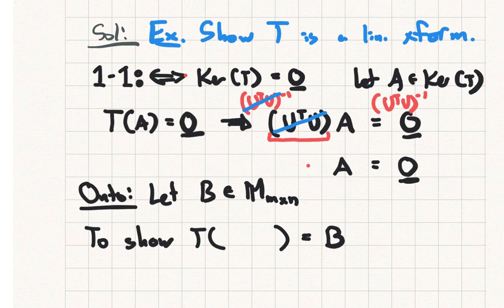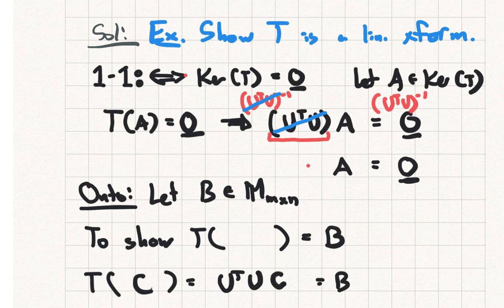Okay, so let's think about this. So we want T of blah, I already used A, let's call it C. We want T of C to be B, but we also know that's U transpose U C. So basically, we want to solve for C here.